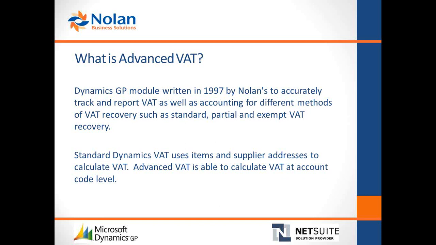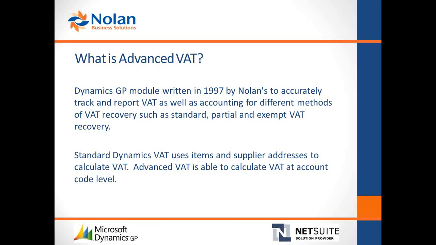Standard Dynamics VAT uses items and suppliers' addresses to calculate VAT. So in the standard system, we'll set up a couple of tax detail IDs, and the tax detail ID will tell the system the VAT percentage that is to be applied.